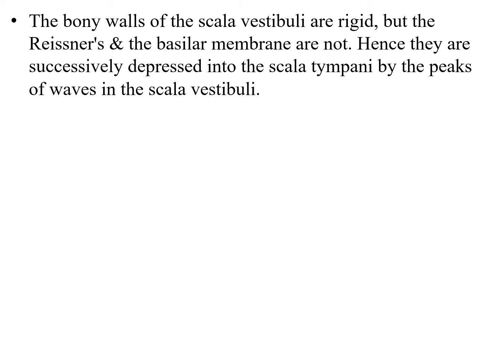And it is further transmitted to the scala tympani, which is below the basilar membrane. So the traveling waves cause successive depressions of Reissner's membrane and the basilar membrane because these are not rigid structures, and ultimately there is a depression or movement of the scala tympani, which also contains the perilymph.